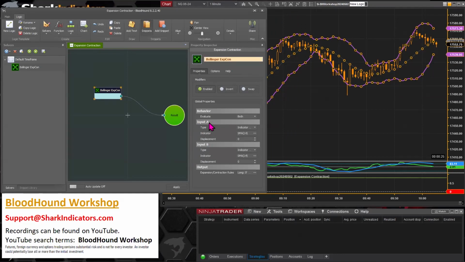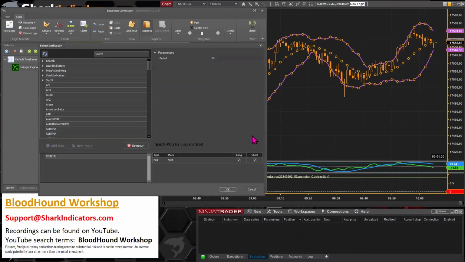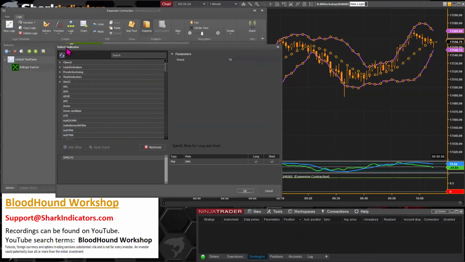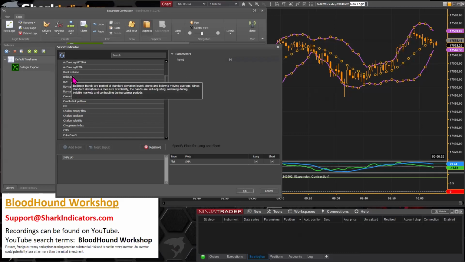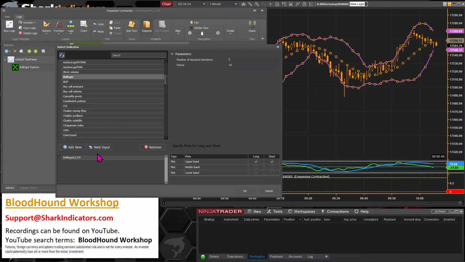Input A, it doesn't matter, but if you are working with something like a banded indicator, then you would typically put the upper band into input A and the lower band into input B. All right, so let's go ahead and do that. There's the select indicator window. There's the Bollinger, and I'm just using the default settings here.